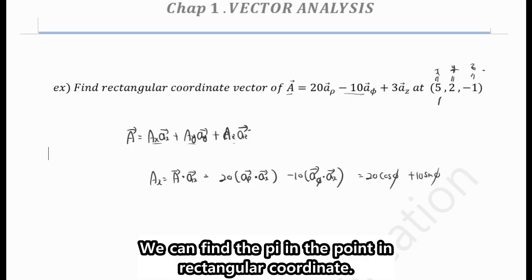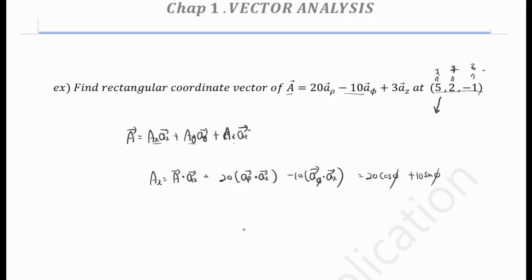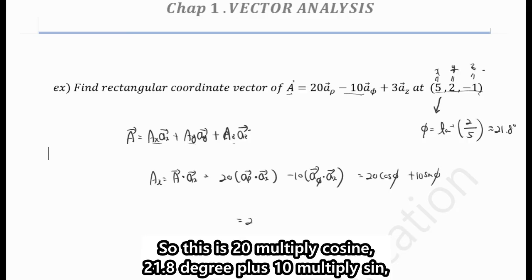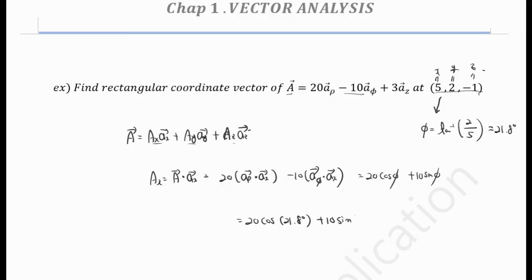We can find phi at the point in rectangular coordinate. Phi equals arctangent of 2 over 5, which is approximately 21.8 degrees. So this is 20 multiplied by cosine 21.8 degrees plus 10 multiplied by sine 21.8 degrees. So this is 22.28.